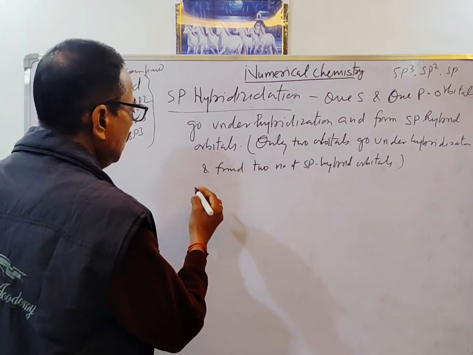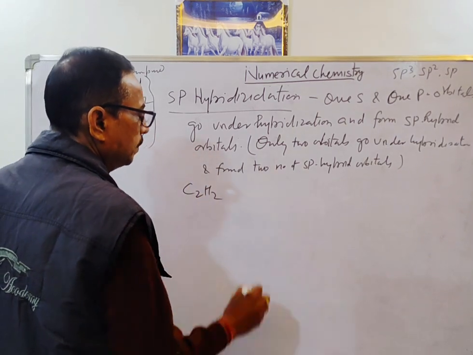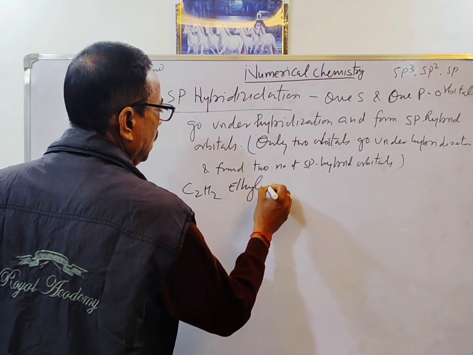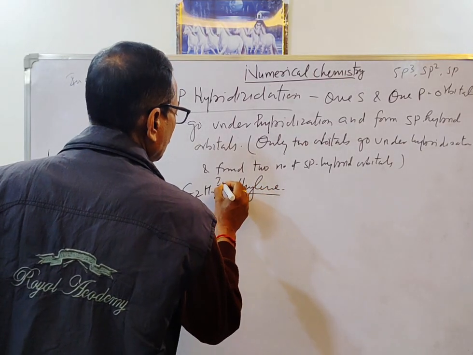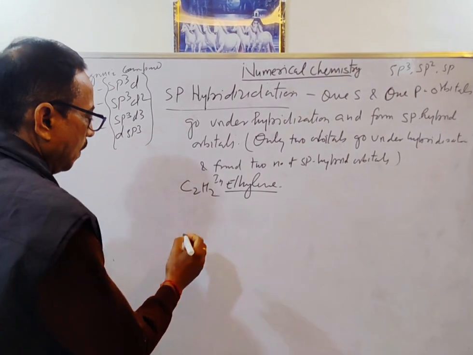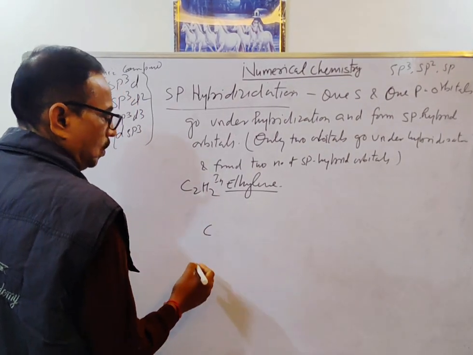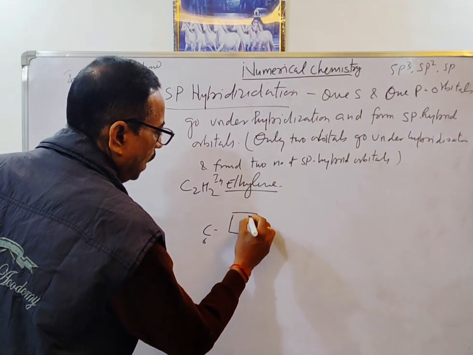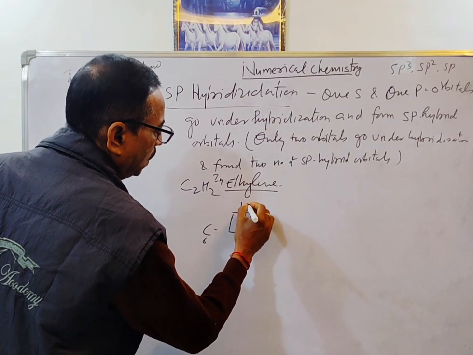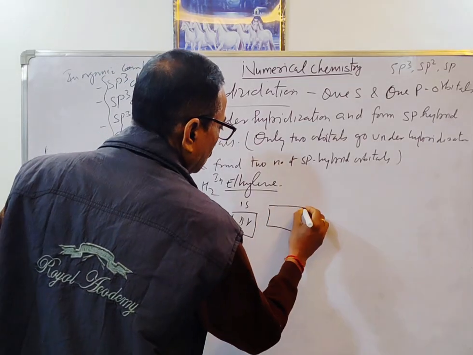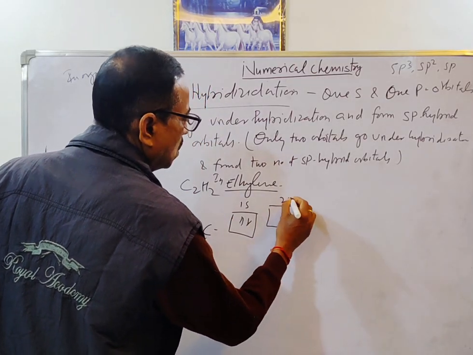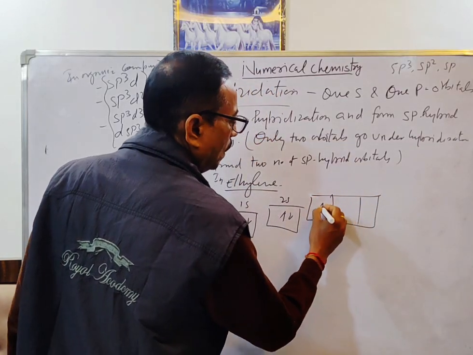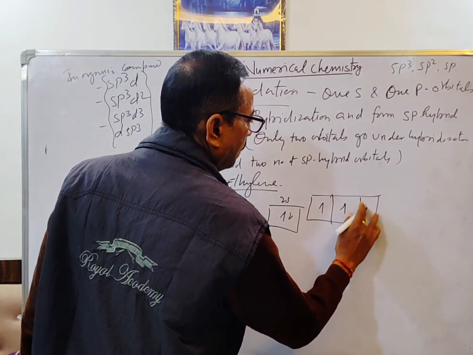So here we see C2H2, acetylene. Carbons behave like this. Carbon in ground state, as you have seen earlier, this is 1s, this is 2s, this is px, py, pz.